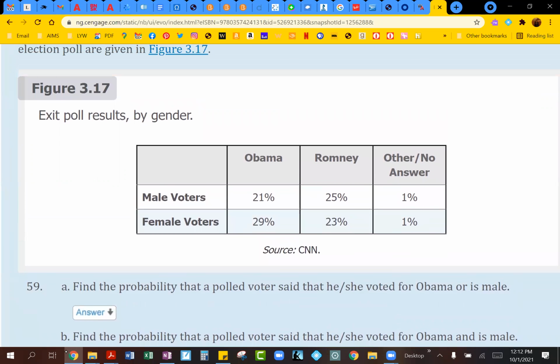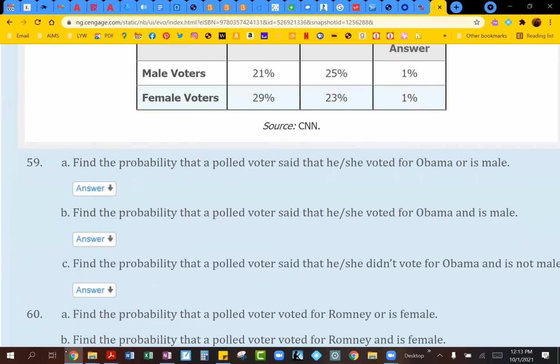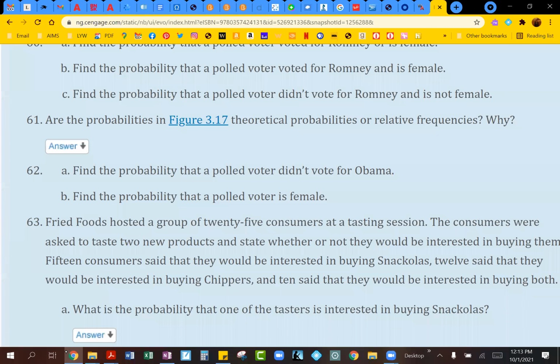So let's go ahead and take a look at, based on this table, what is our 62 talking about? So number 62 is find the probability that a polled voter did not vote for Obama, and find the probability that the polled voter is female.